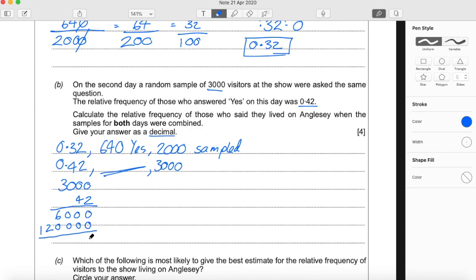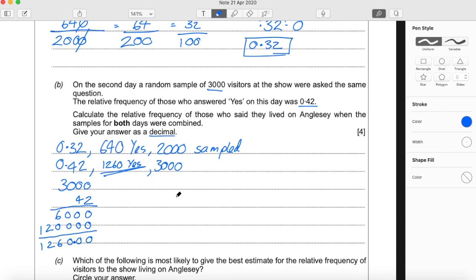Add down the columns now. 0, 0, 0, 6, 2 and 1. And this wasn't 42, it was 0.42, so 1, 2, that's where our decimal place goes. So 1,260 said yes out of the sample of 3,000 on the second day.